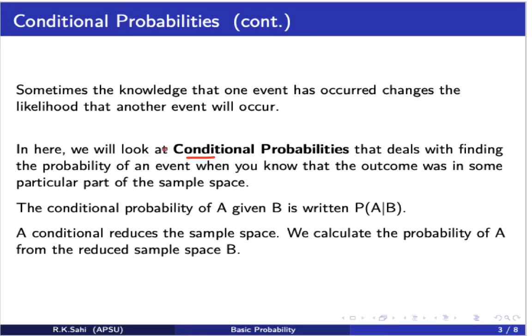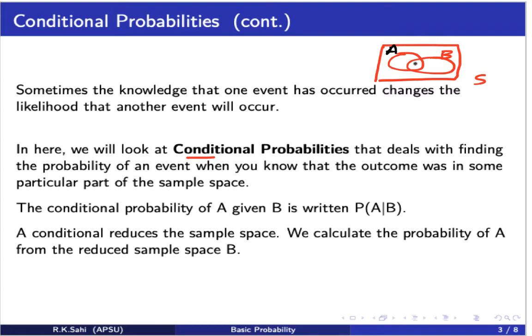In very simple words, let's look at a very simple graph of this. We have a sample space, and we have two events. We say event B has occurred. If event B has occurred, what is the probability now that another event A will occur, given that B has already occurred?